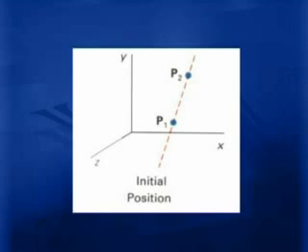Then we rotate the whole line in such a manner that P2 also appears on, say, x-axis. If it does appear on x-axis, that would mean that we have effectively taken this arbitrary axis and as a result of a couple of transformations, a translation and a rotation, have made it coincide with one of the original coordinate axes, let's say x.